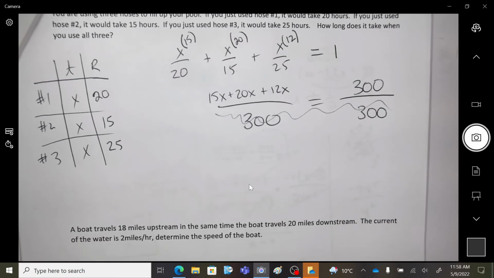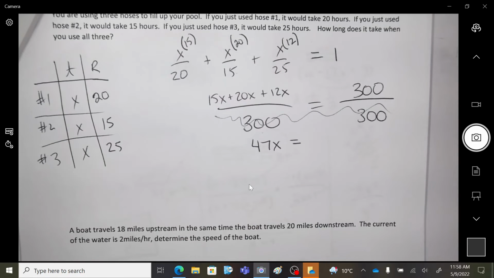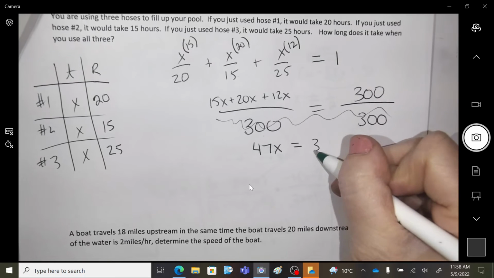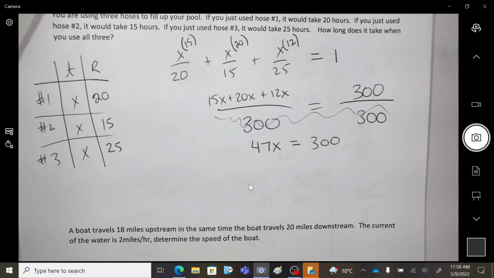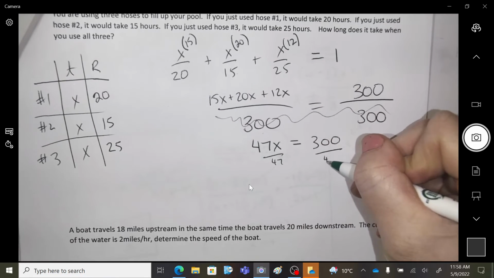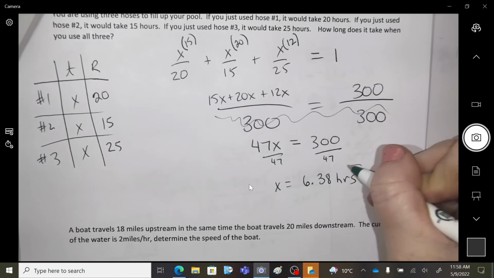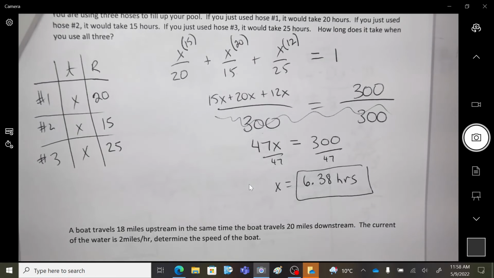Okay, this is the good part. We can say the bottoms are the same. We're done with that. So 47x, that's all 47 put together, equals 300. So if all 3 hoses are going to be going at the same time, it's only going to take 6.38 hours to fill it up.